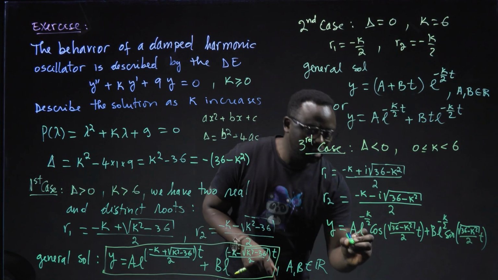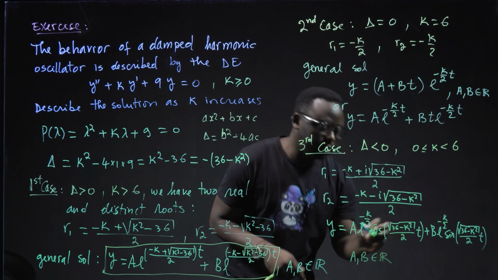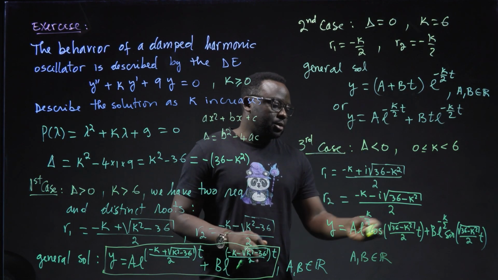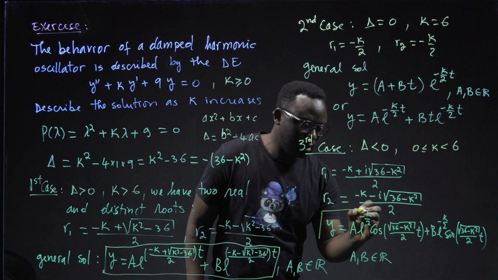Okay, so a and b are real. So this is the solution in the case of delta negative.